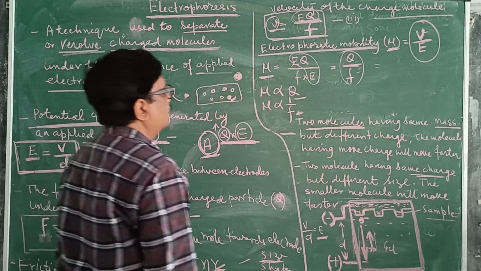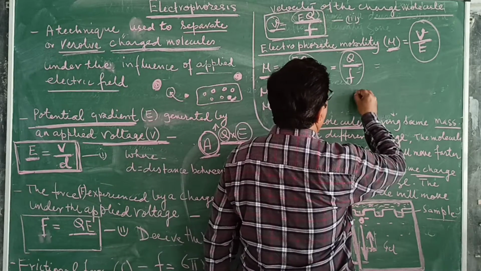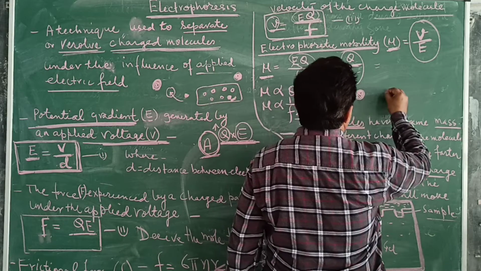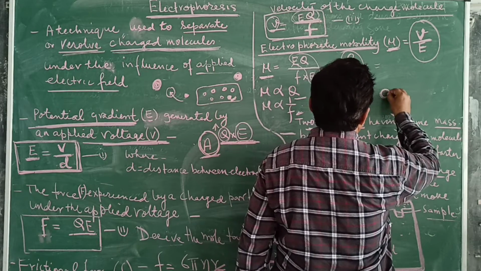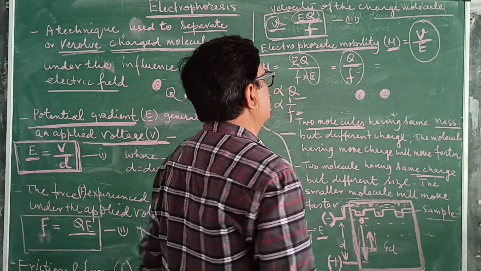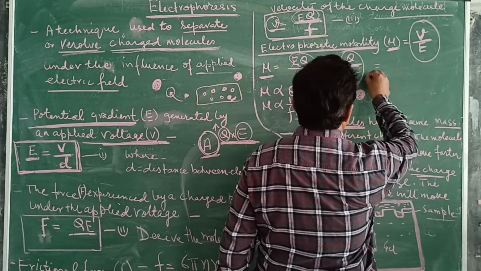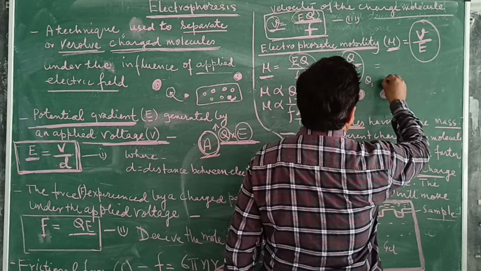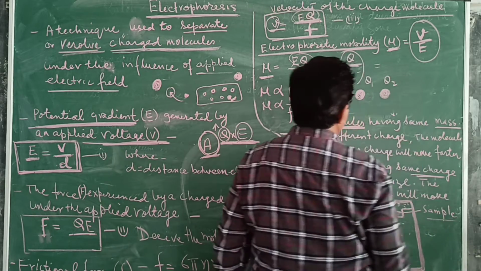That means two molecules of equal size or equal mass, but one has a charge Q1 and another has a charge Q2.